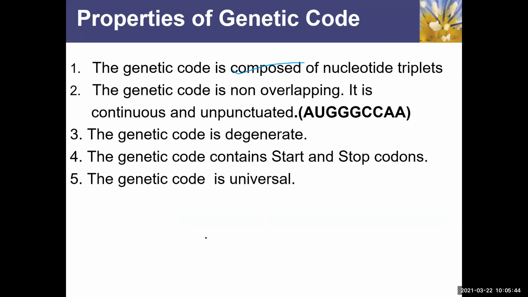You will always have, for example, G, C, G, or G, A, A. You will never have 4 bases together. You will never have A, G, U, A. Of course not. So basically the codons are on the mRNA, and each codon is always used as a triplet.